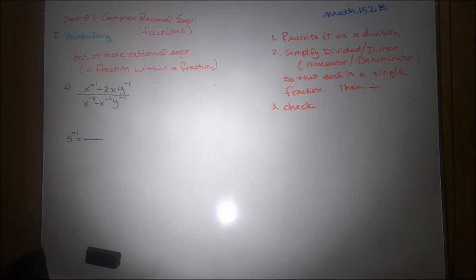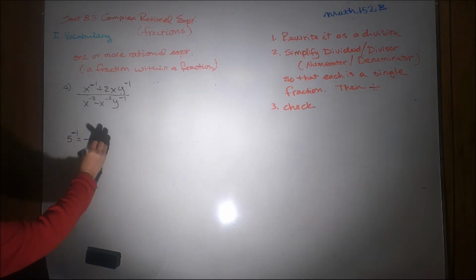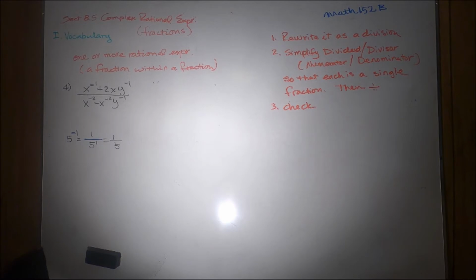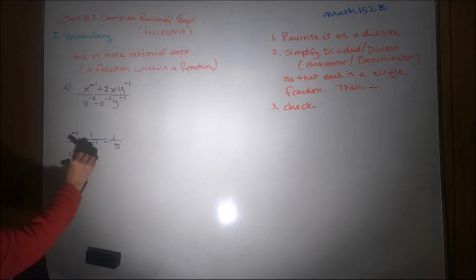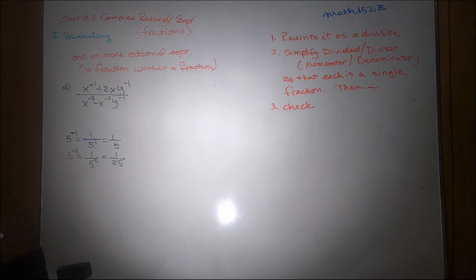It means a reciprocal. So that will be what? 5 over 1 to the 1 power. That will be 1/5, right? If 5 to the negative 2, it means what? 1 over 5 to the 2nd power. It means what? 1 over 25, right?